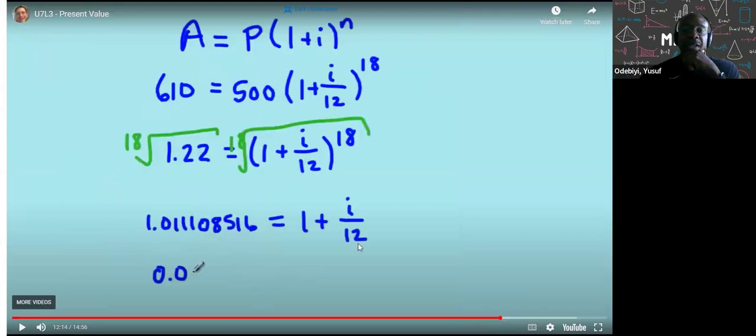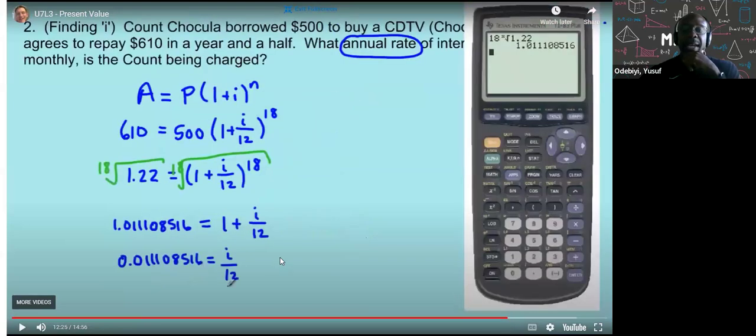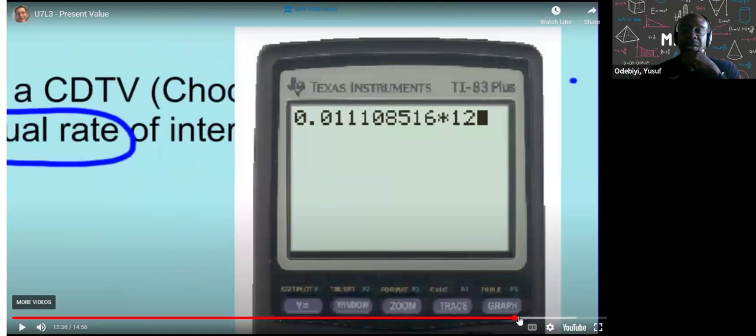I'll fast forward. You can see the 1 goes to that side and subtracts. Therefore, you have 0.011108516. Then you have I over 12, which means you multiply by 12, so I is equal to 12 times that.